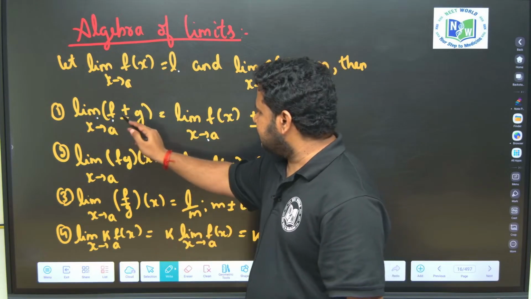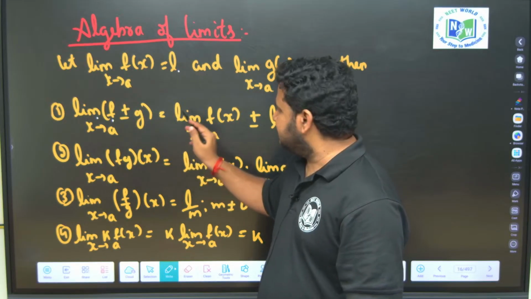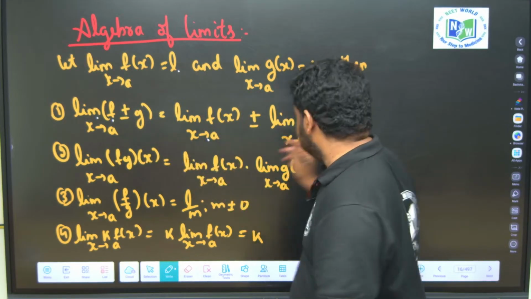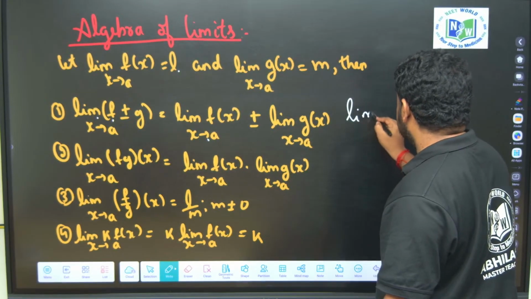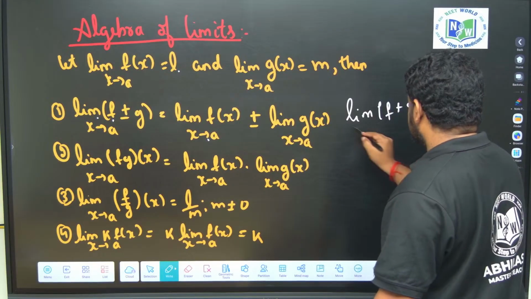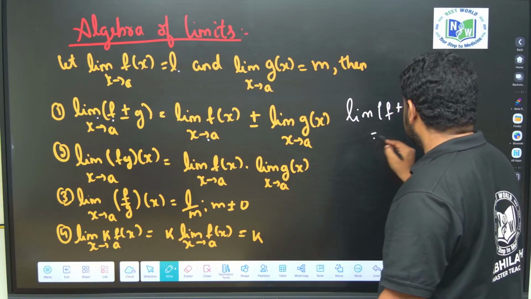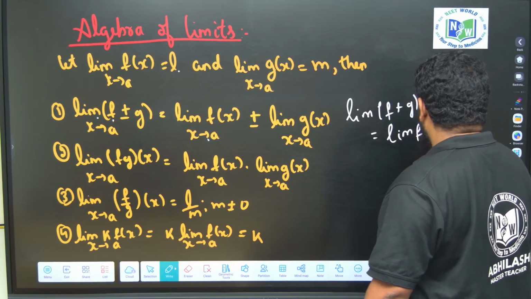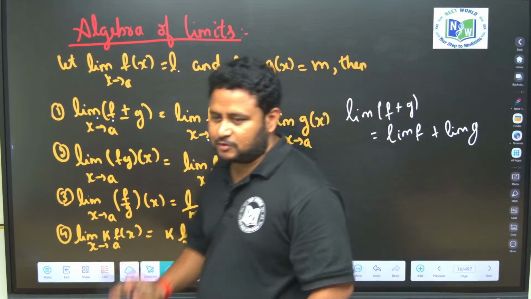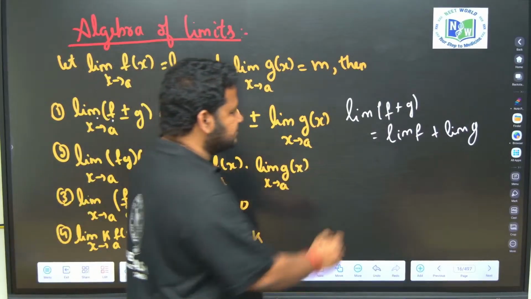Limit of f plus g, whatever it tends to, can be written as limit f plus limit g. So this is the first property. If it is minus also, it is the same.